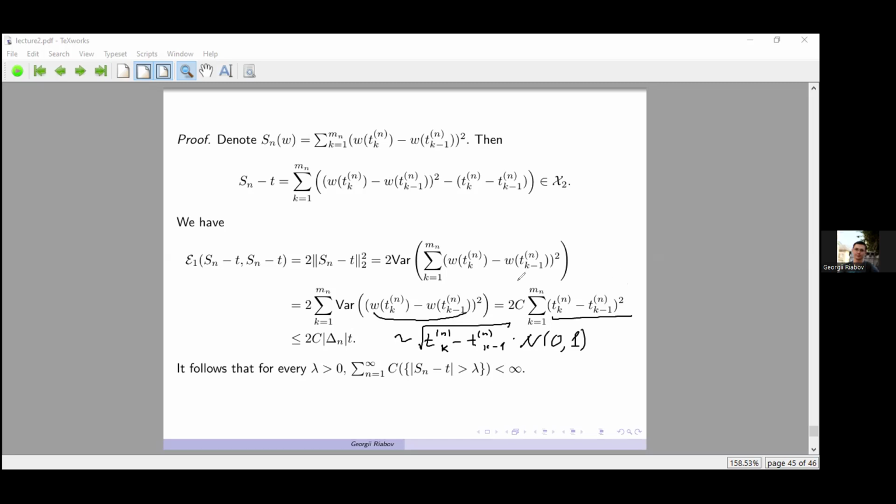What remains is a constant, which is just the variance of the standard normal variable squared.